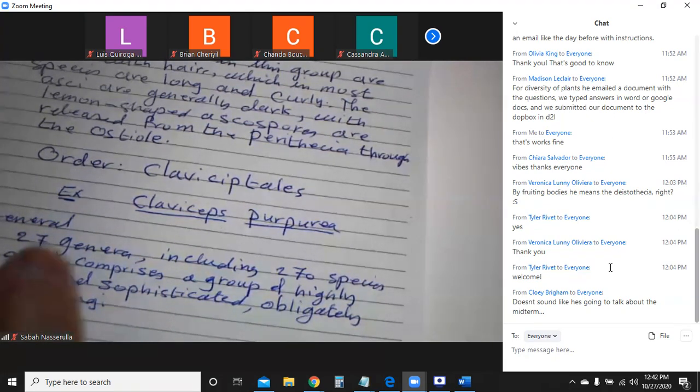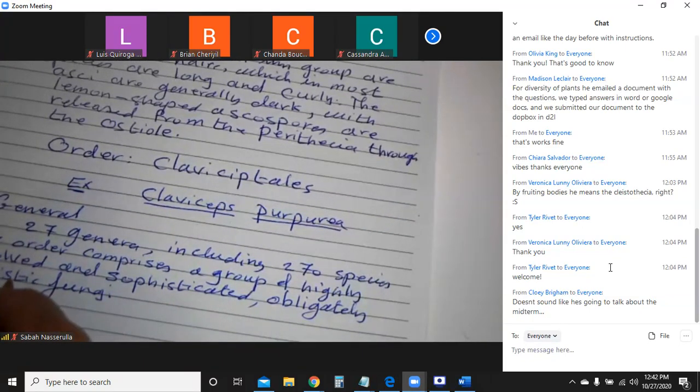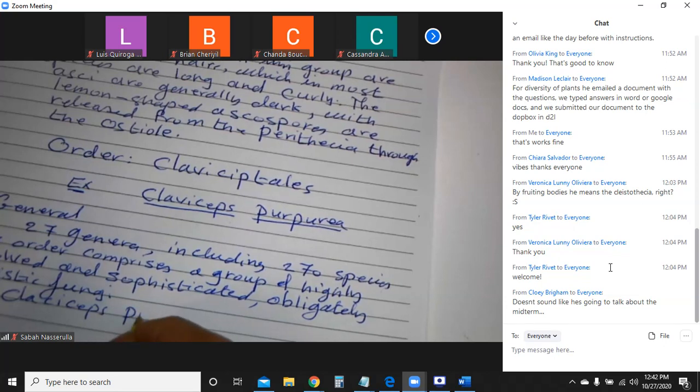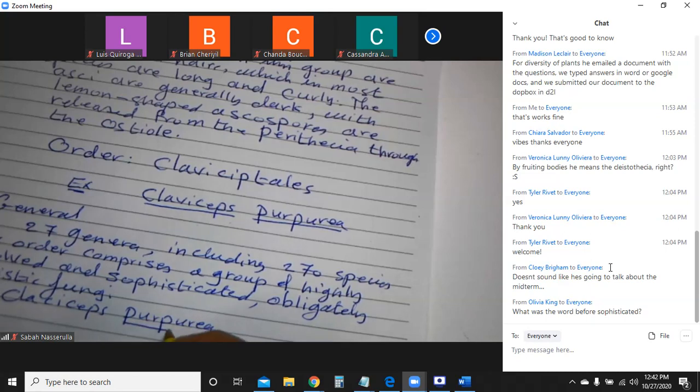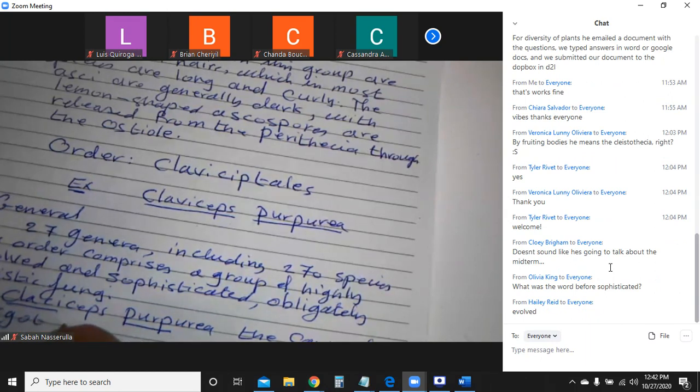Simply to mention that this species, Claviceps purpurea, as I mentioned, is the cause of what is called ergot, or fry.